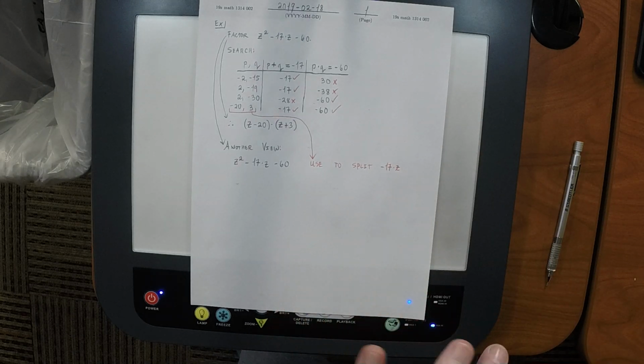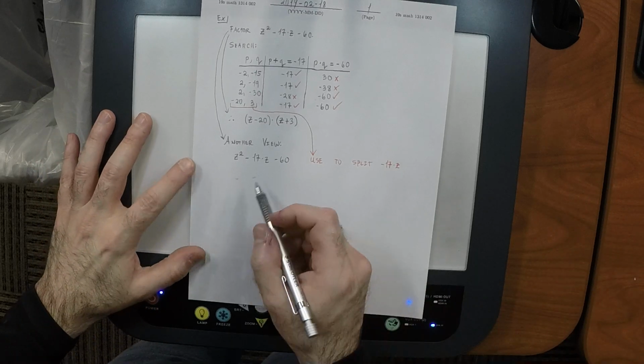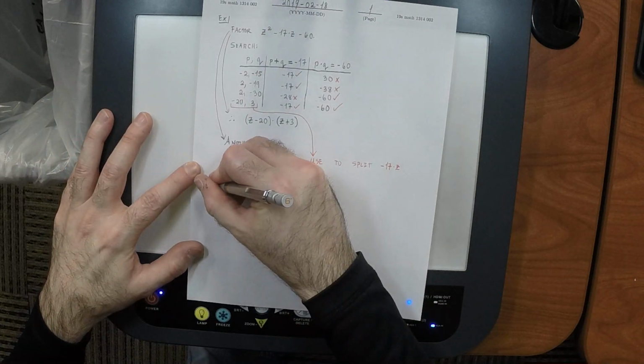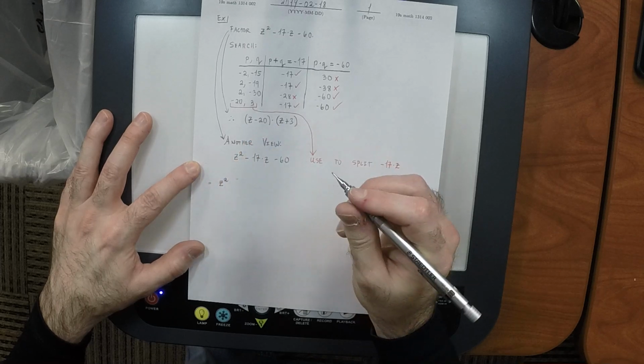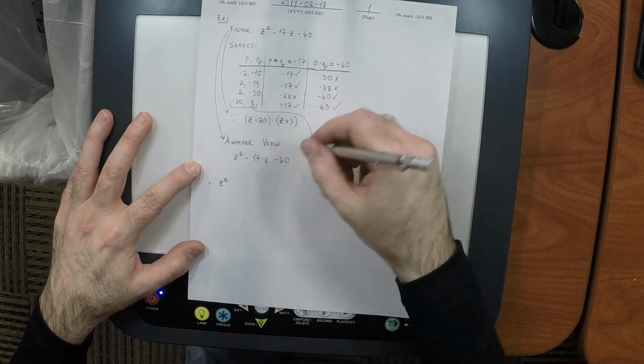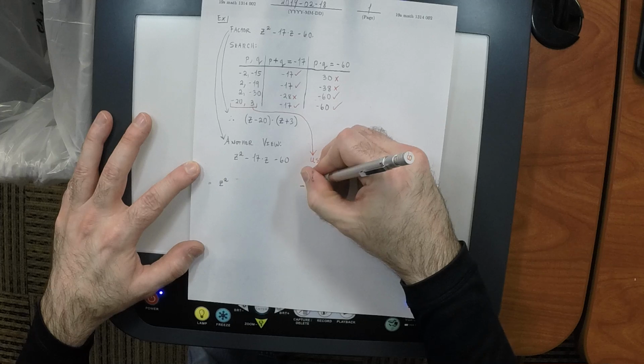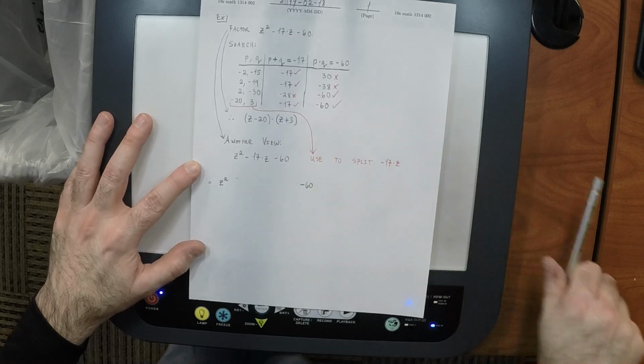So you'll see what I mean. So I'm going to say that this is equal to z squared, so that one is that one, and then subtract 60. So those are the same.